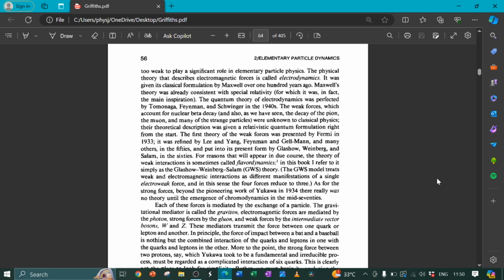The GWS model treats weak and electromagnetic interactions as different manifestations of a single electroweak force, and in this sense the four forces reduce to three. As for the strong forces, beyond the pioneering work of Yukawa in 1934, there really was no theory until the emergence of chromodynamics in the mid-70s.